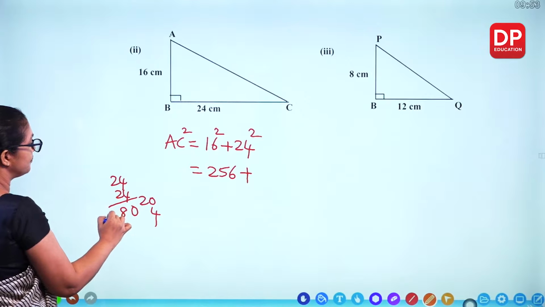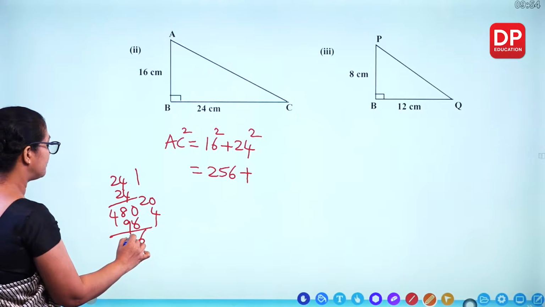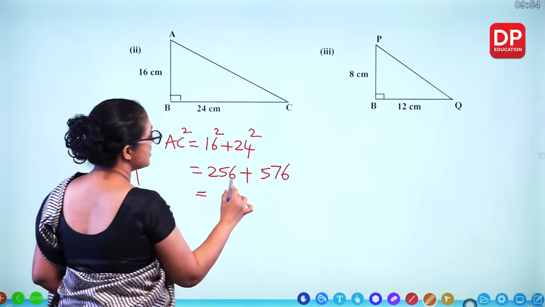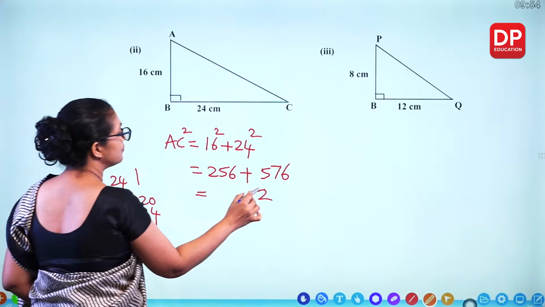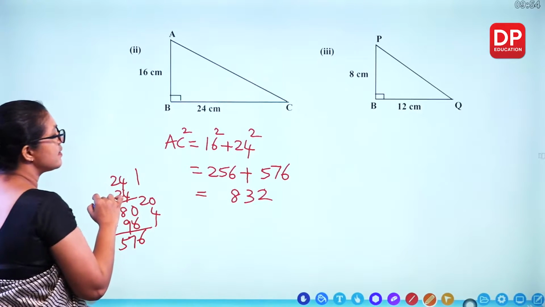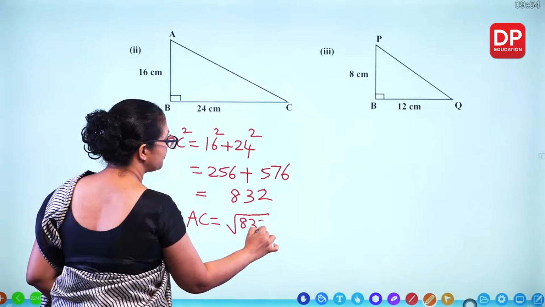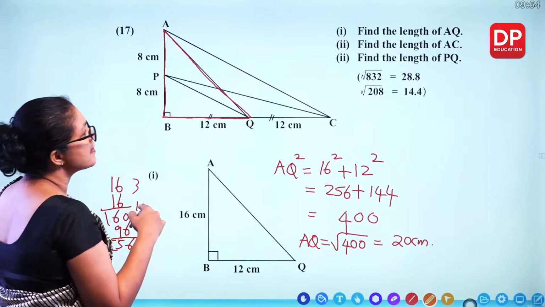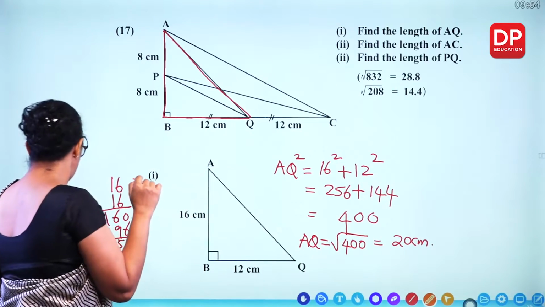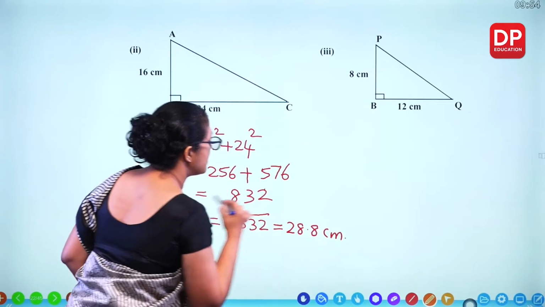What's the value? 576. So when you add it, 832. What's the square root of 832? In the previous part, it's given. Square root of 832 is 28.8. So the answer is 28.8 centimeters.